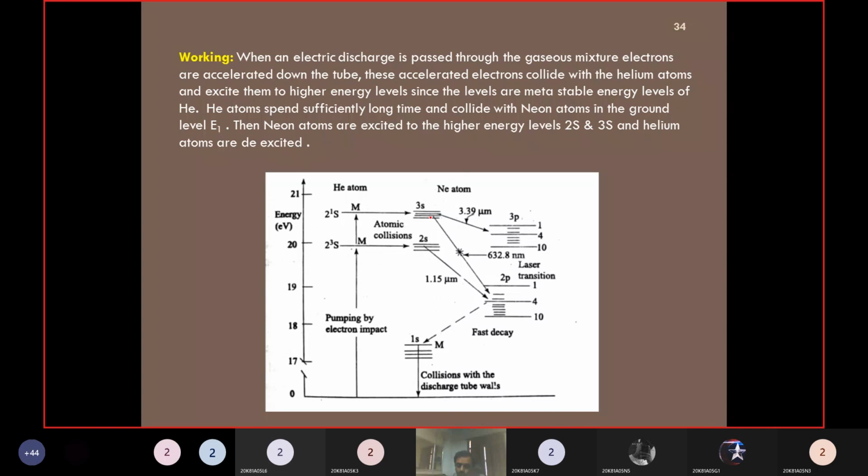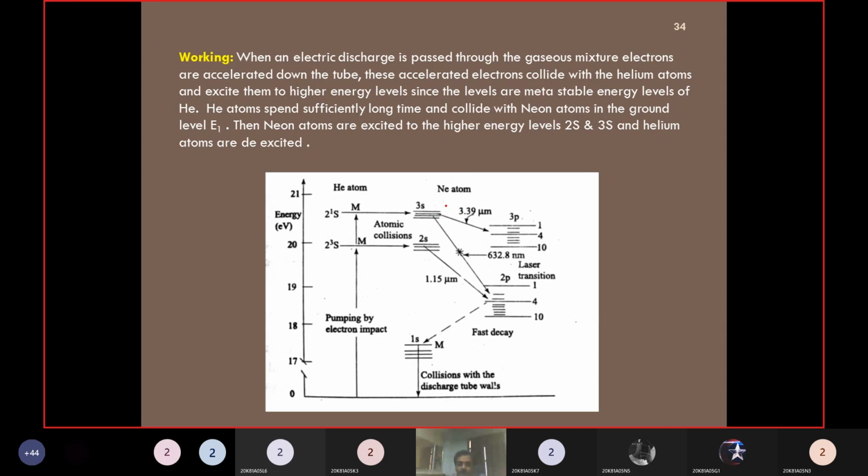Now the transitions will take place from these excited states. Those transitions are 3s to 3p, 2s to 2p, or 3s to 2p. Based on this, there are some selection rules.